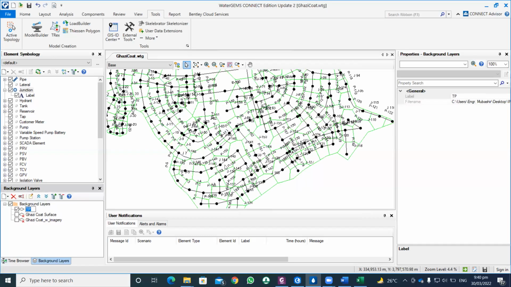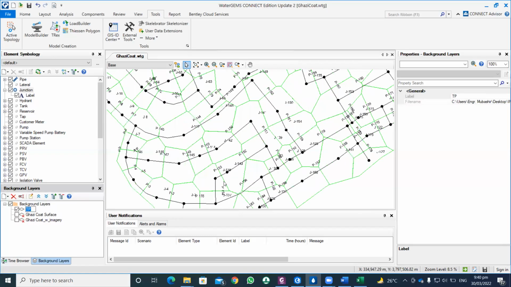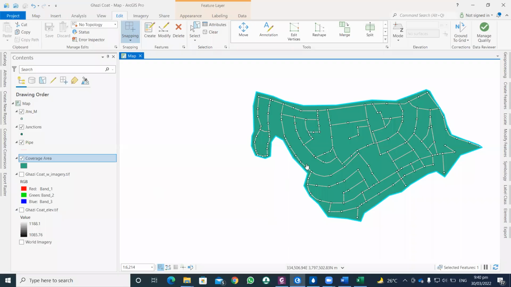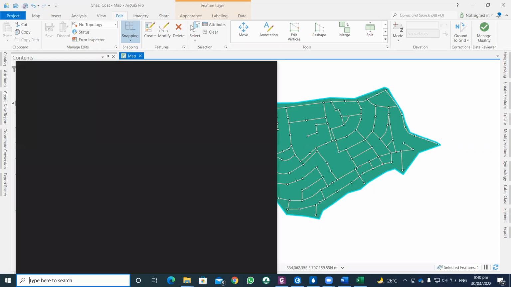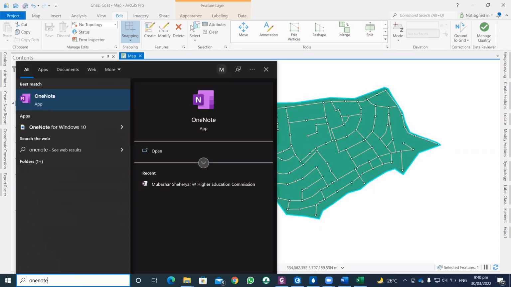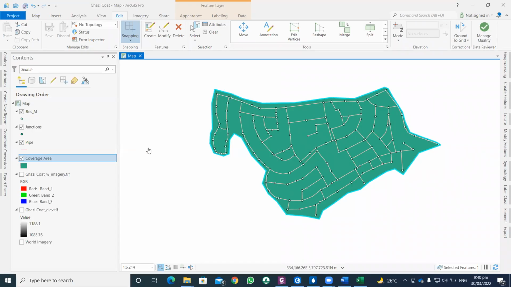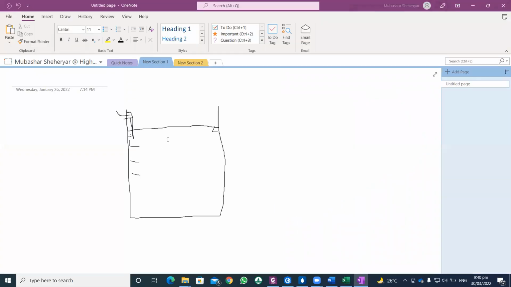Basically, what the software did is use the GIS polygon that I have created earlier. Let me explain.